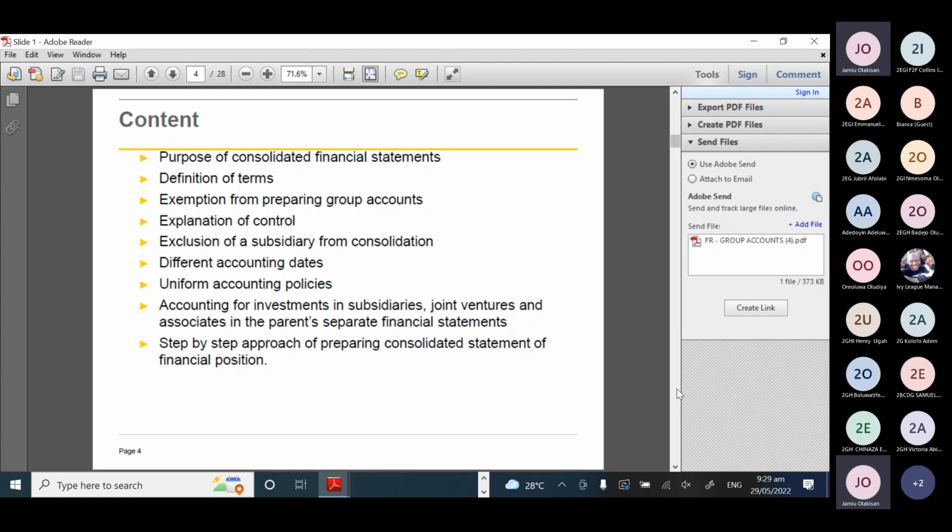You were told briefly that there's a standard called IAS 27, which deals with separate financial statements. In that separate financial statement, when you have investment in subsidiary, associate, and JV, no, JV is not applicable at this level, at what value should it be carried? You have the option of using cost, which is the most popular one.